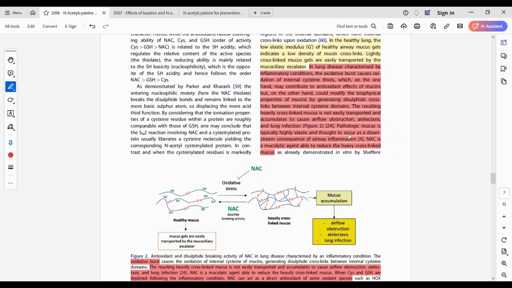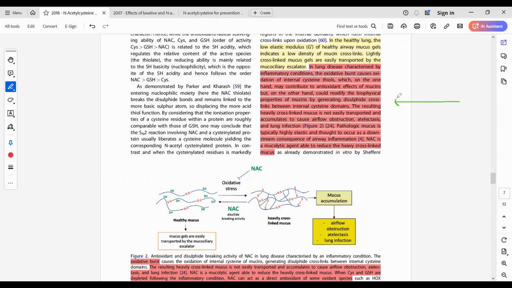Okay, so we mentioned this before, but this is important to discern. In a healthy lung, you're going to have mucus. In an unhealthy lung, you're going to have mucus. But in a healthy lung, the mucus is not highly cross-linked, and through just normal physiologic processes, you can clear that mucus, right? You can give it a good cough and spit it out as necessary. And you often don't even need to clear your throat because the mucociliary escalator is doing its job.